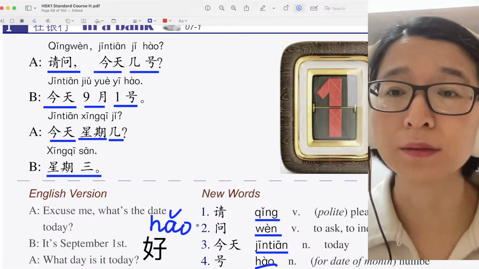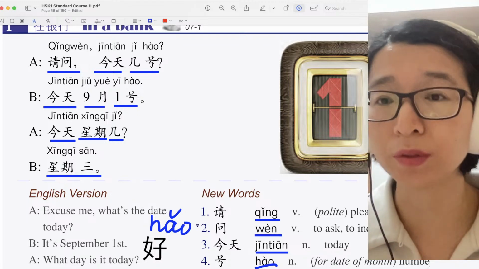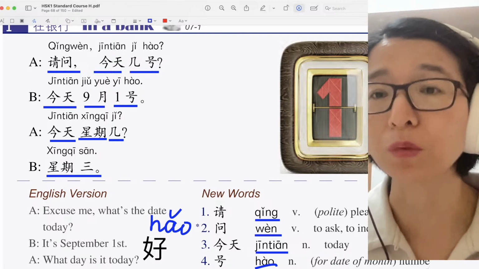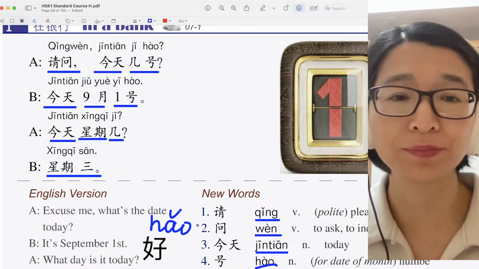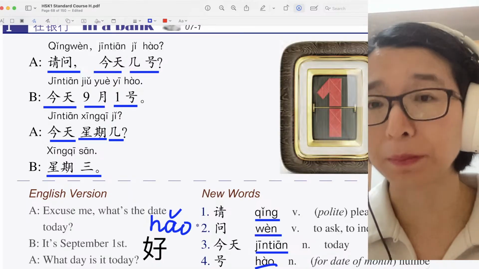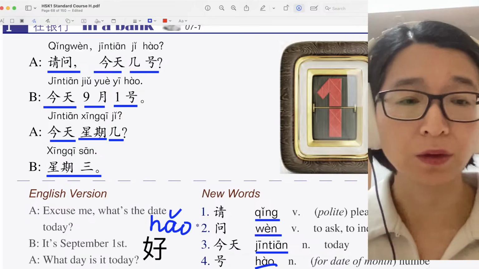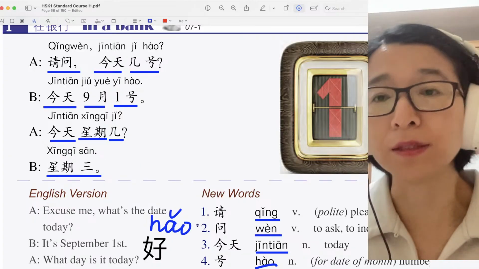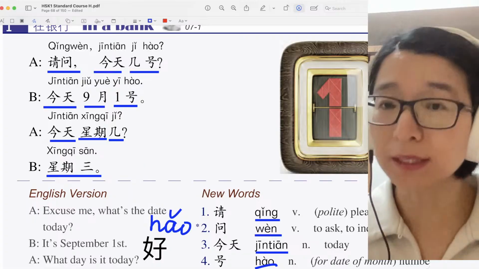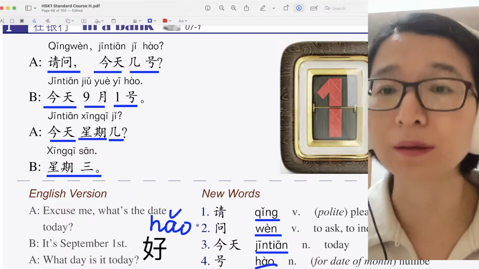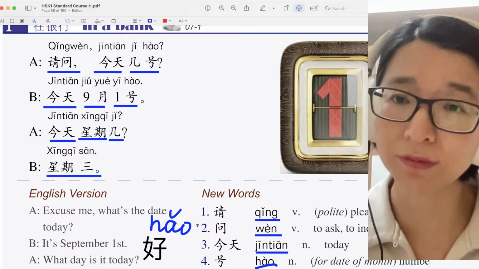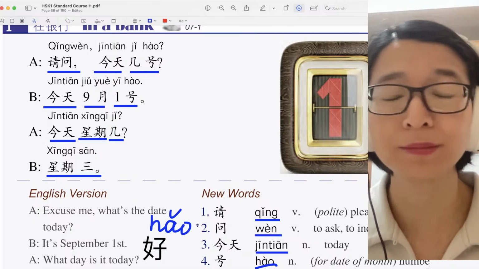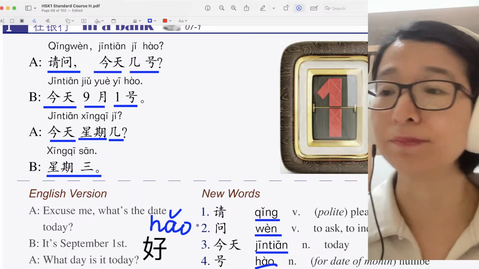And if you want to say Tuesday, still 星期二. We don't say 星期两. When we say the number at the end of a word, phrase, or sentence, we just use 二 instead of 两. And when we want to say 2 of something, we use 两. Is that clear? Okay, good.